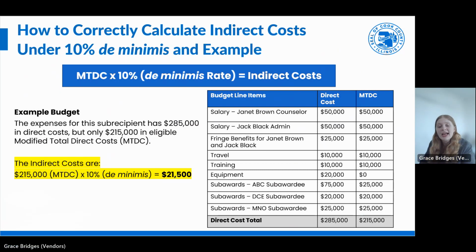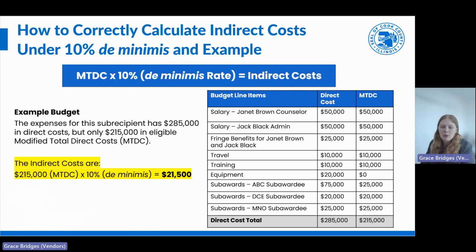In addition, there are three subawardees. Recall from the last slide that only the first $25,000 of each subawardee can be included under the modified total direct costs. As a result, the ABC subawardee, which has $75,000 total in direct costs, only the first $25,000 of that will be applied under the modified total direct costs.